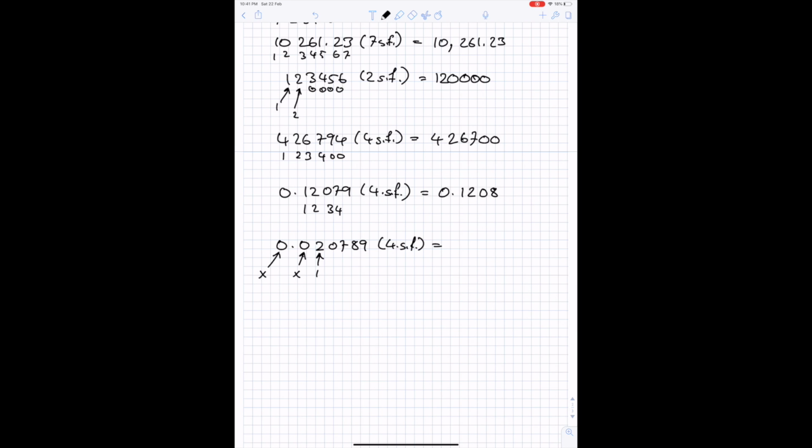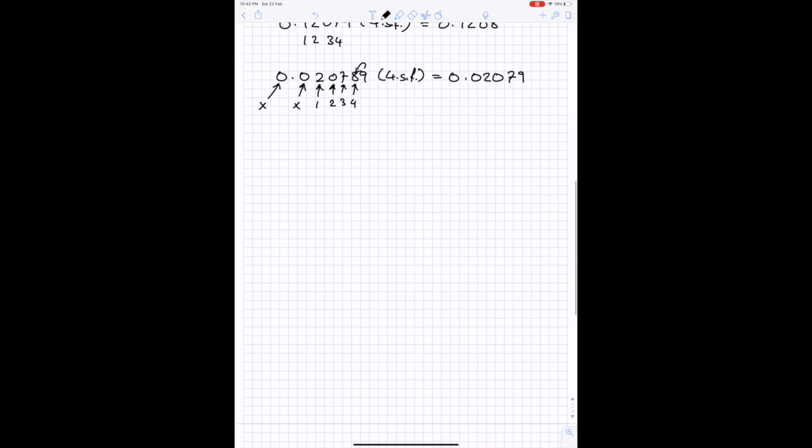So 1, 2, 3, 4. This would then become 0.02079, because we've got to round it up. The 8 becomes 9.